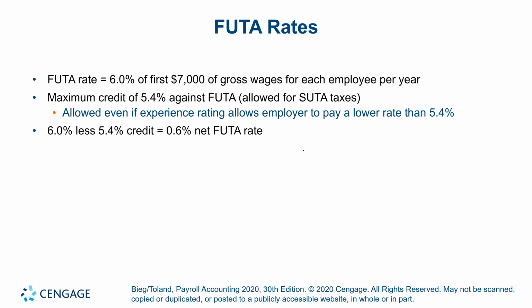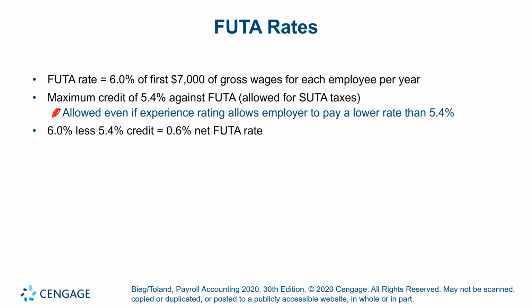Okay, so the federal unemployment rate is 6% of the first $7,000 of gross wages for each employee per year. However, a company is given a credit of 5.4% against FUTA for their SUTA taxes. This 5.4% credit is allowed even if the experience rating of the company allows the employer to pay lower than 5.4% in their state.